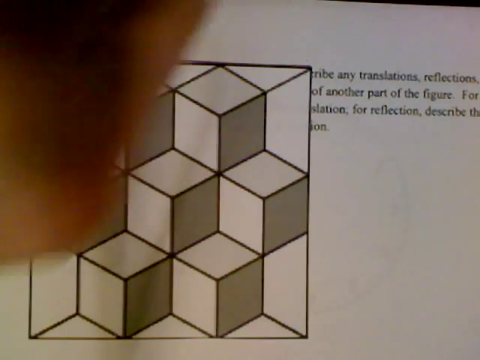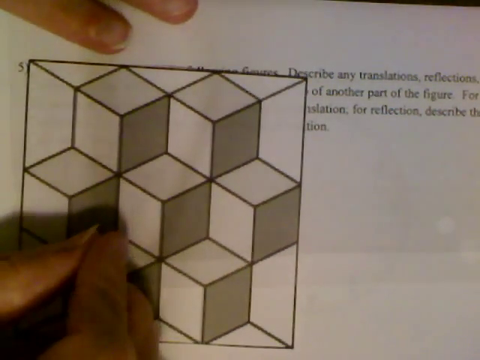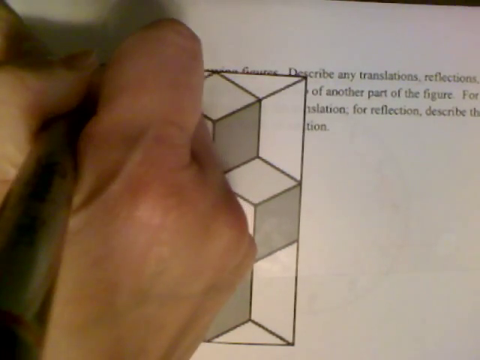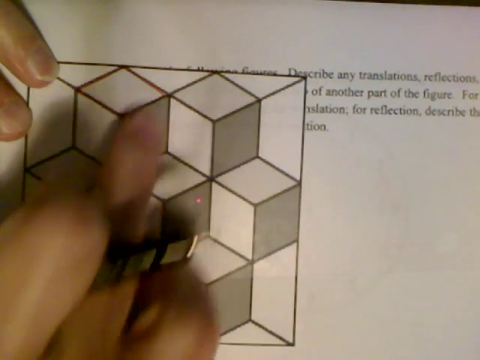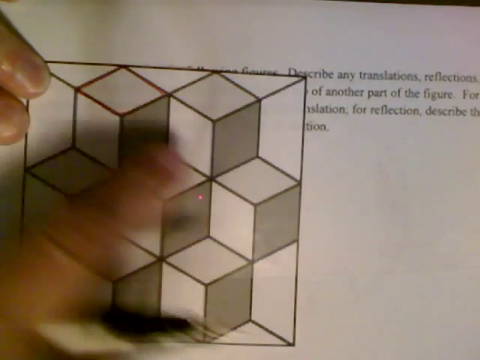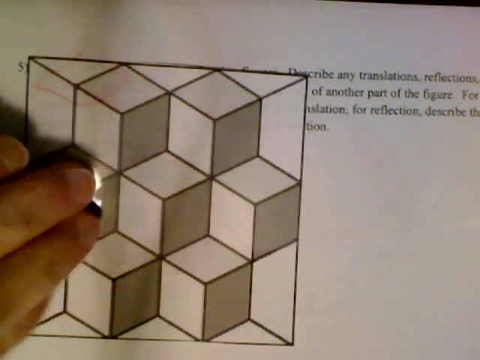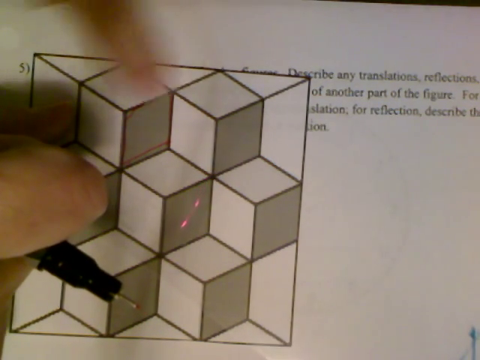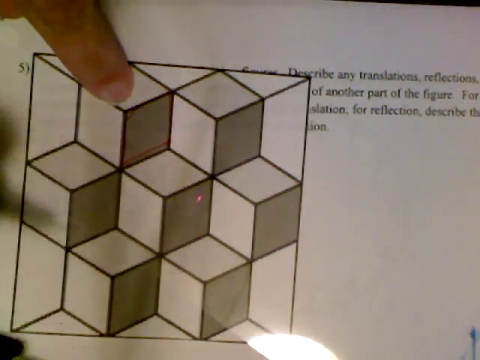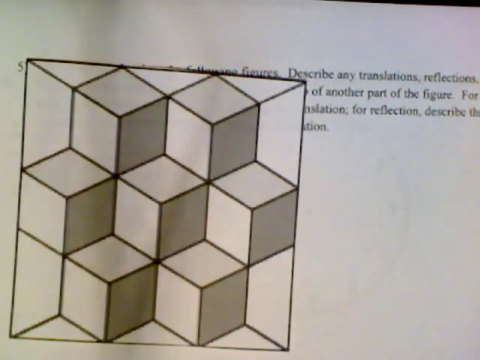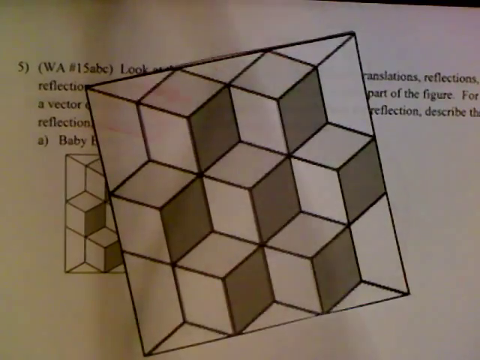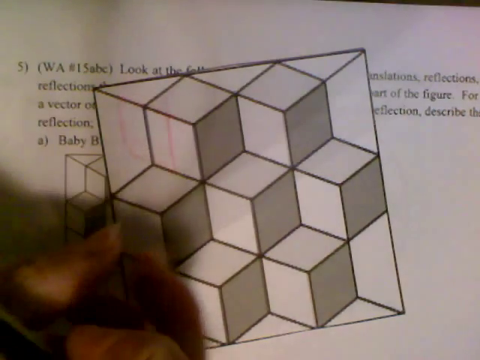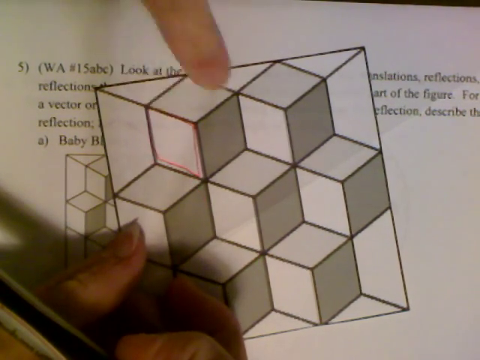The first thing, if we look at the figure as a rhombus, so here's a rhombus, right? And here's a rhombus. Now, to get from here to here, that's the red one. If I reflect it across this line, I get the same rhombus. Similarly, if I take my original rhombus and reflect it across this line, then notice I get the same thing.